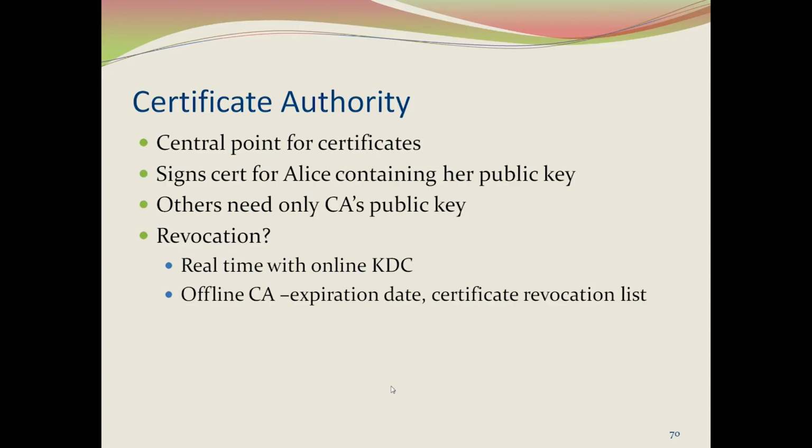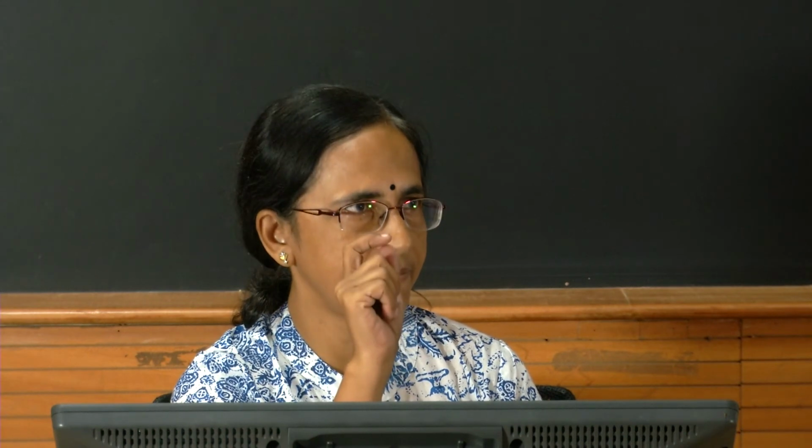Hence, we may have some certificate authority. Why? Because again here also, there may be one central point for certificates, or there may be more than one certificate providing authority. But even if there are more than one or a single one, all users in the network must know them, that this is the CA, the certification authority, isn't it?